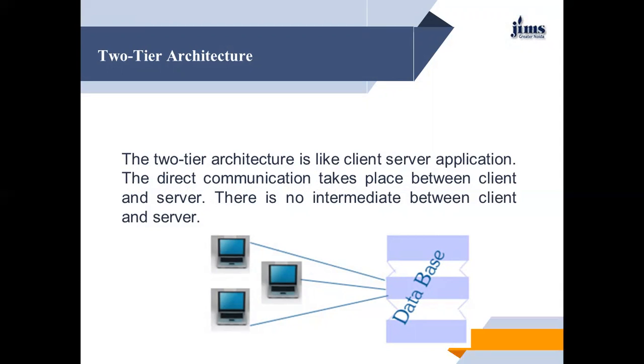So in the two-tier architecture, only two layers are there. You can say one is the front end and another is the back end, or one is the client layer and another is the server layer. No other layer is there in this two-tier architecture.